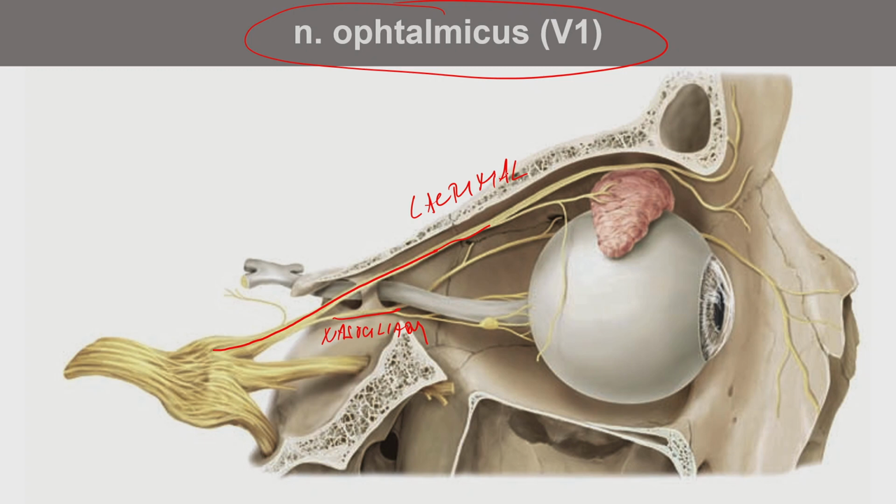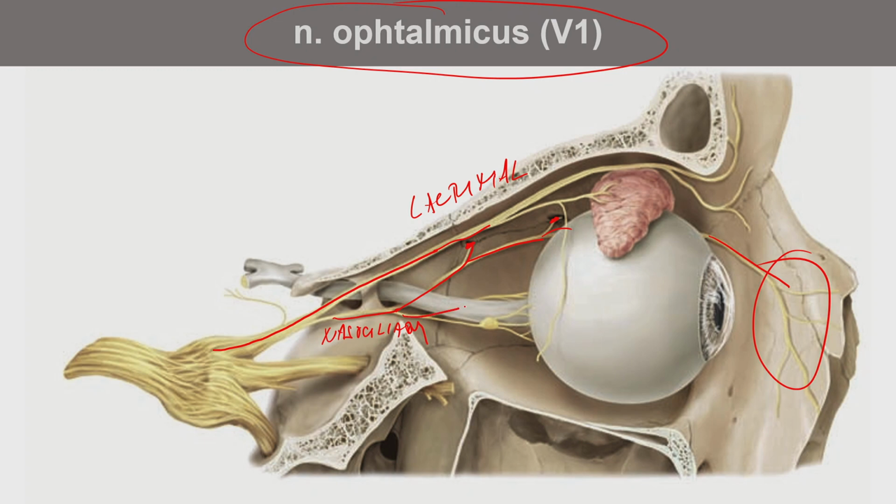And those two branches are entering the orbit like separate. Nasociliary, then you can see that one is going to those foramina ethmoidalia and innervating nasal cavity, and then also lateral part of nasus outside.